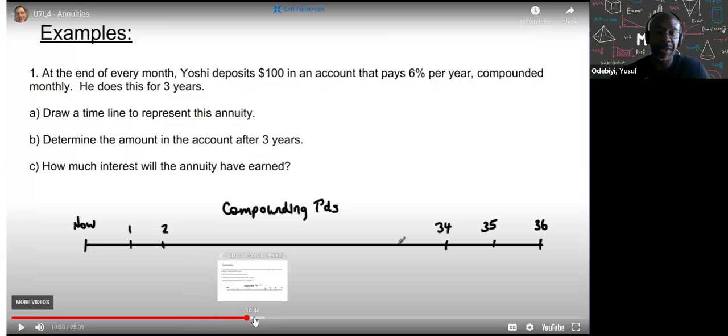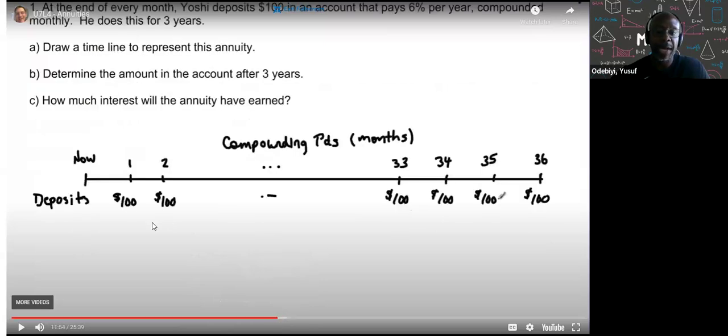So you can see 36 months. Now deposit $100 for all these 36 months. This $100 here, the first deposit, is going to get the most interest on it because it has to wait. It's going to be in the account all the way for 36 months, so it's going to be in the account the longest.